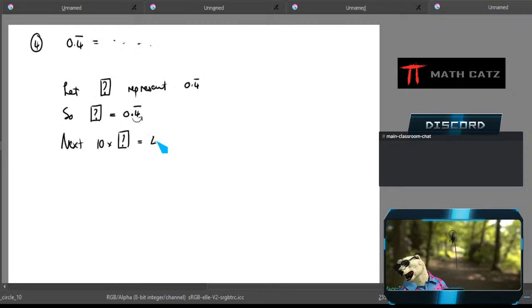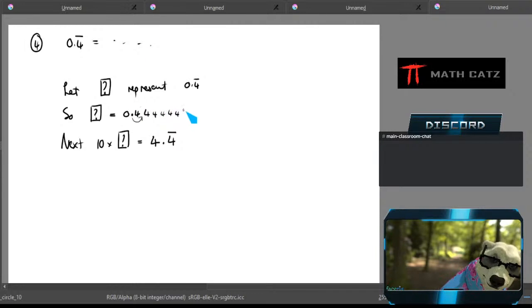And what I have is 4, and then still infinitely many 4s. They never end. I never run out of 4s on the right. The line simply means they are there forever.